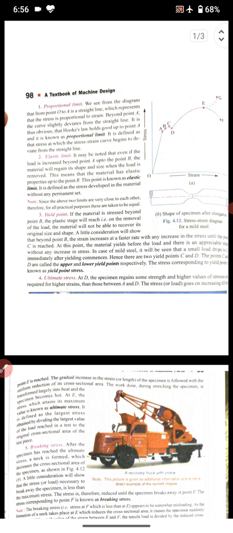If it is brittle, as you are aware, there is no elastic property in it. So further, elastic limit is defined as the stress developed in the material without any permanent set.